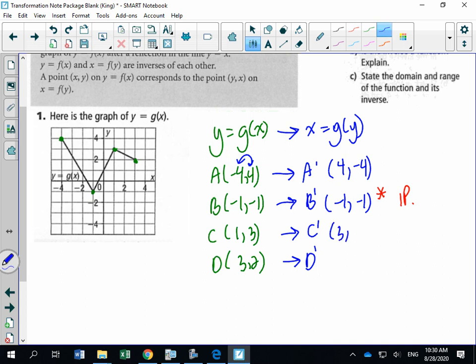Then 3 comma 1 and 3 comma 2. Okay, nope, sorry, this guy is wrong. This guy's 2 comma 3. Okay, let's get our new graph written. So our new graph is going to be A prime at 4 comma negative 4. So A is going to join to B.